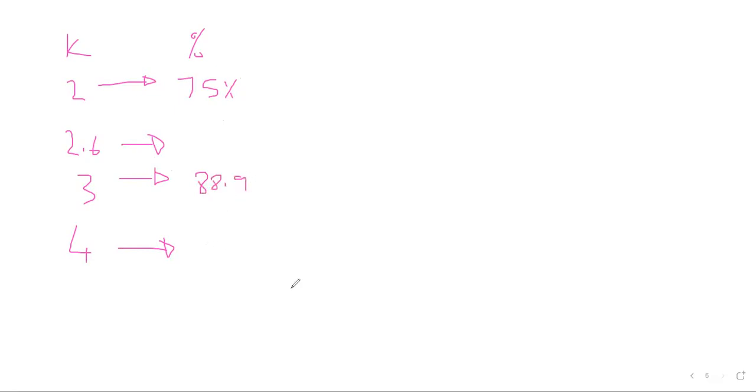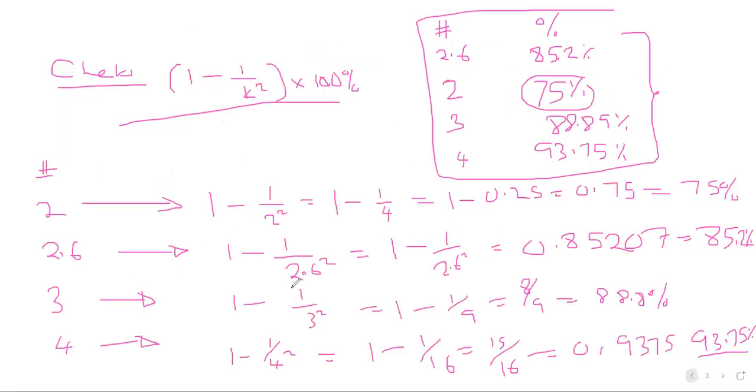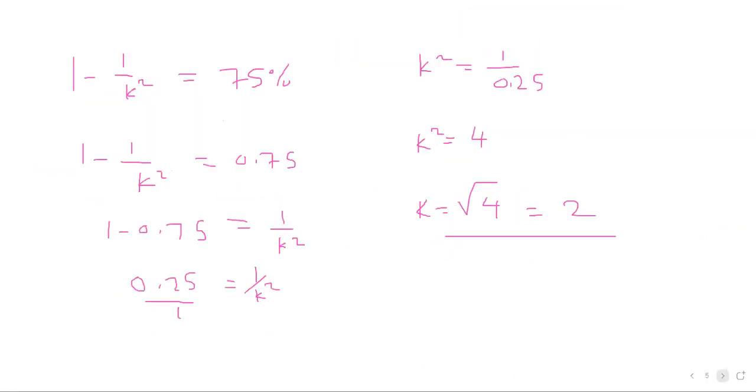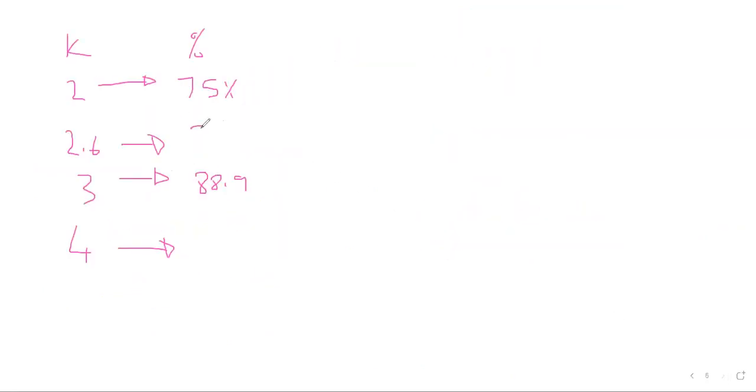This is what? 93.75 and 84, and 96.75. So these ones are important. They will guide you under Chebyshev because they're the common ones that I usually use.